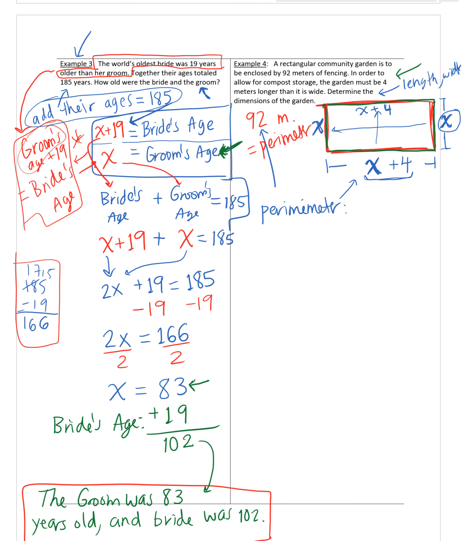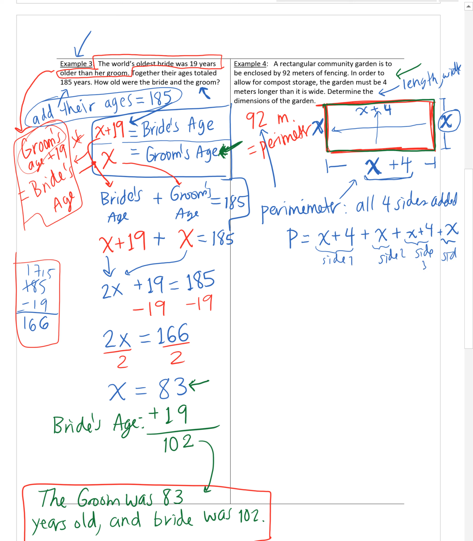So since the perimeter is all 4 sides added together, it doesn't matter which side you start with, I'll just say the x plus 4, that was one side, plus x, plus the one across, x plus 4, and the very last one was x. So this is side 1, side 2, side 3, side 4.